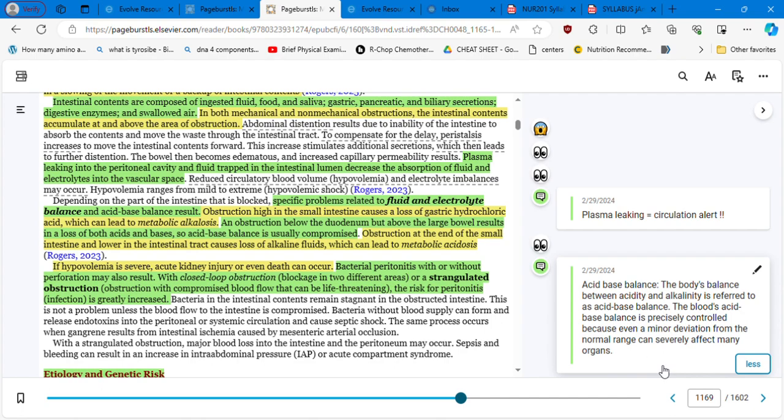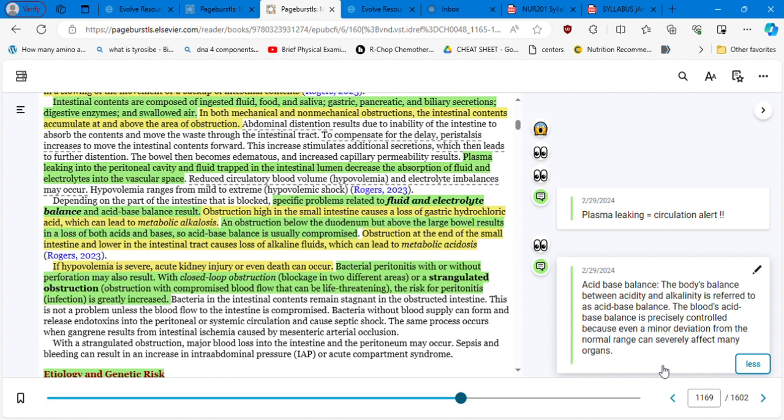I gave you a graphic in the supplemental material. I'm going to describe this graphic in class. But you need to understand that acid-base balance means that every single part of the gastrointestinal tract needs to maintain its level of acidity.